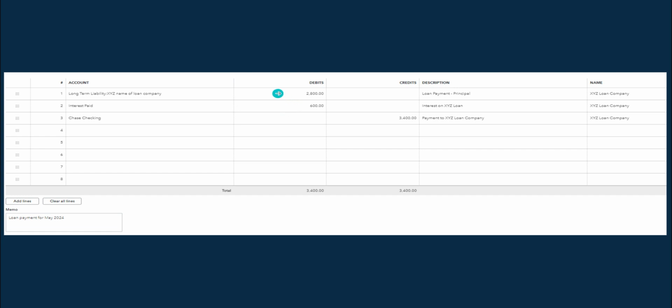In this case, $2,800 is the principal portion of this $100,000 loan, and $600 is the interest paid for that month. So altogether, $3,400. Debit your loan account, reducing your loan balance, and $600 is your expense to your P&L, and you're taking money out of your bank account. So the bank balance is going down here.